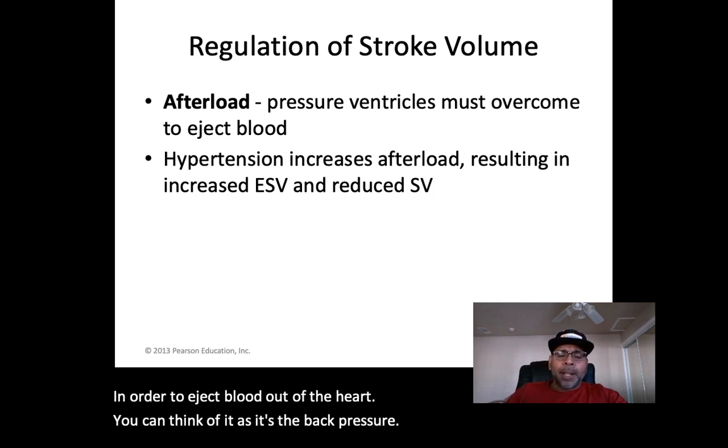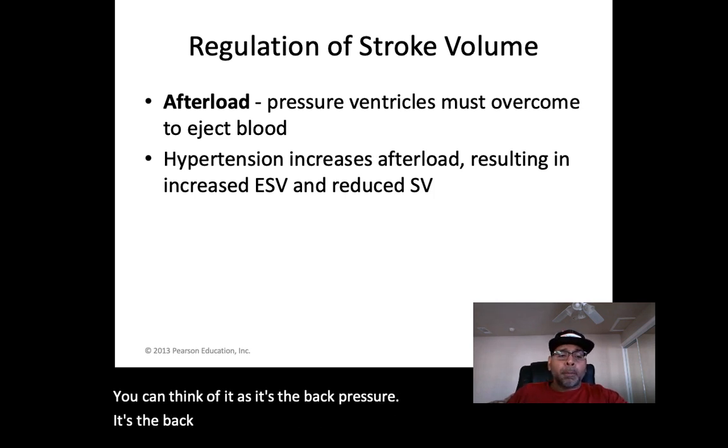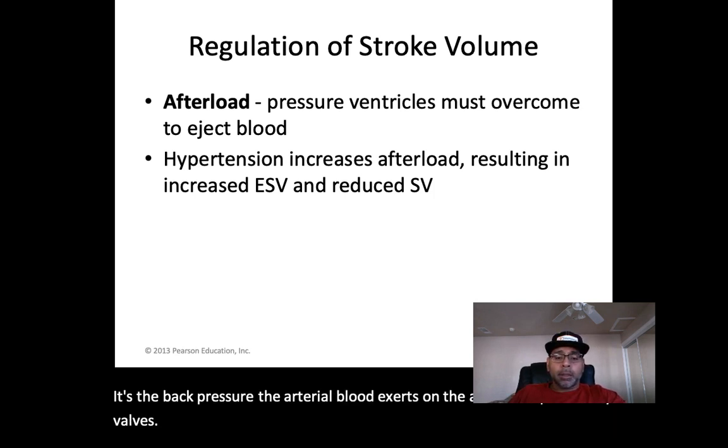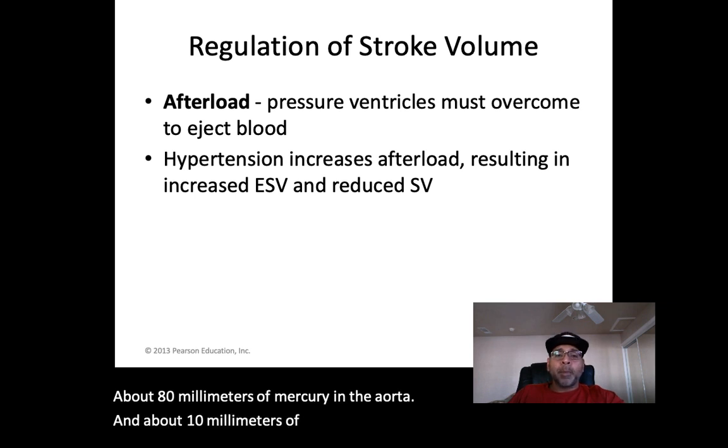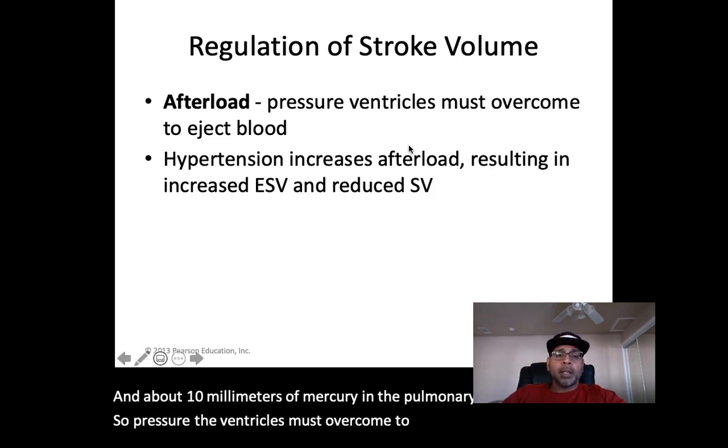It's the back pressure the arterial blood exerts on the aortic and pulmonary valves. About 80 millimeters of mercury in the aorta and about 10 millimeters of mercury in the pulmonary trunk. So it's the pressure the ventricles must overcome to eject blood out of their chambers.